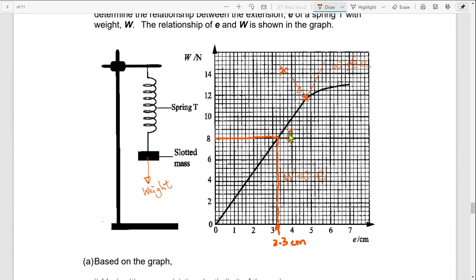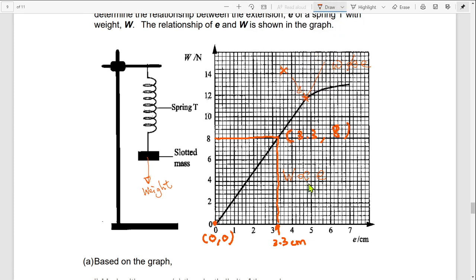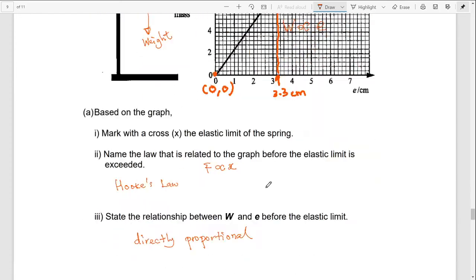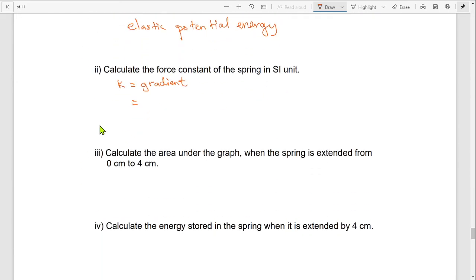Okay, the coordinate here, my x is 3.3 and my y is 8. And here is my origin, so the coordinate will be 0 and 0. So use those two coordinates to calculate the gradient of the graph.